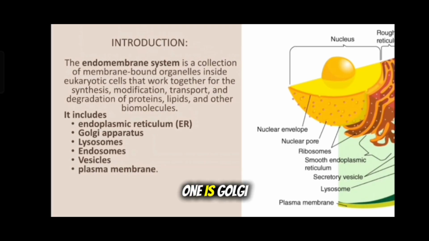And the second one is the Golgi apparatus. It is the post office of the cell. It modifies, sorts and packs molecules into vesicles. And the third one is vesicles. It is a delivery truck that carries cargo to different parts of the cell. The fourth one is the lysosome. It is a recycling center that breaks down waste or unwanted materials.